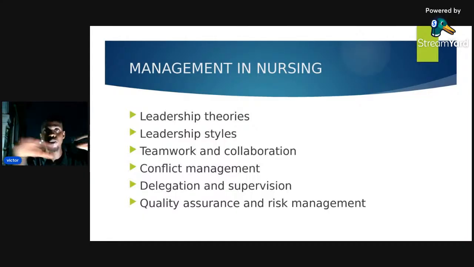When you talk about teamwork and collaboration, how you collaborate with different teams in healthcare, how you collaborate with nurses, with doctors, with social workers, physicians and psychologists, in order to ensure adequate care is given to your patient. Teamwork.